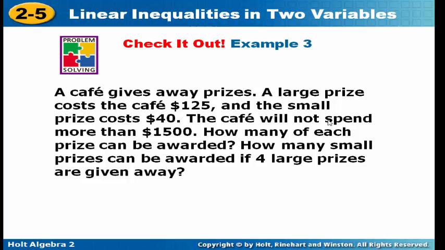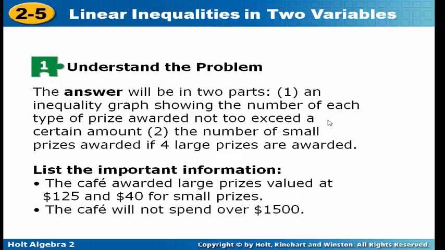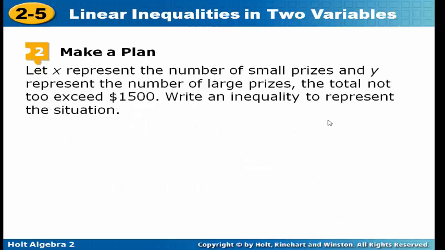First, we want to write the inequality. So let x represent the number of small prizes and y represent the number of larger prizes. The total prize cost must not exceed 1,500. Write the inequality.